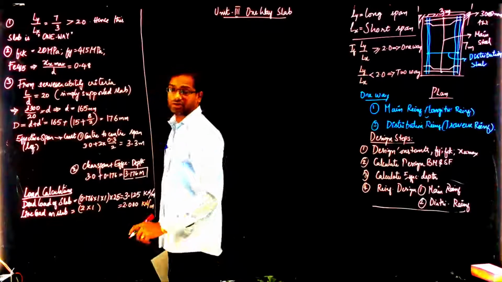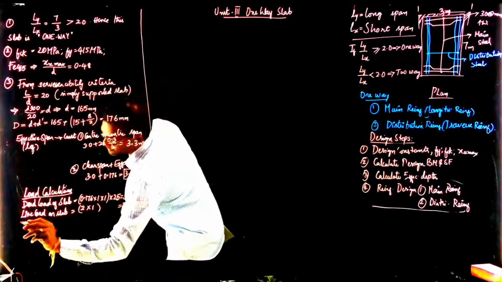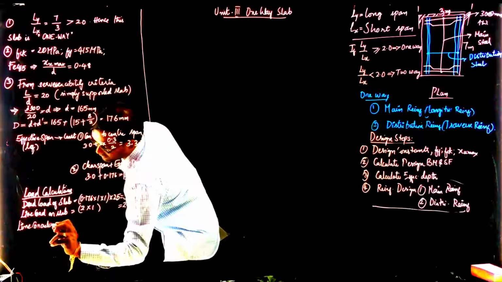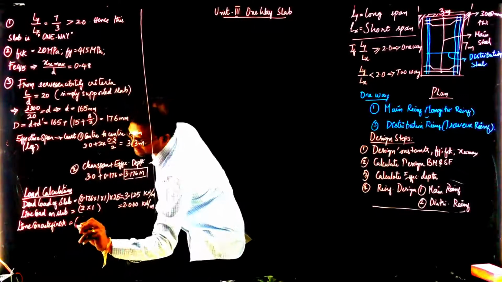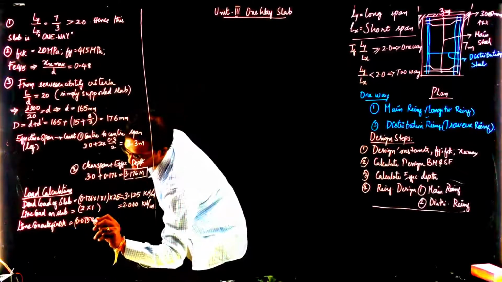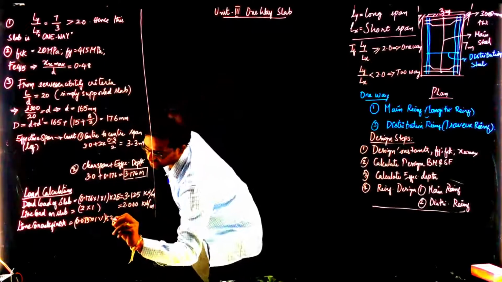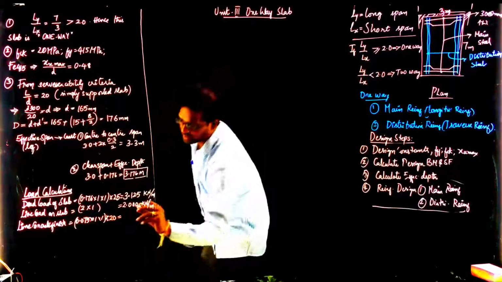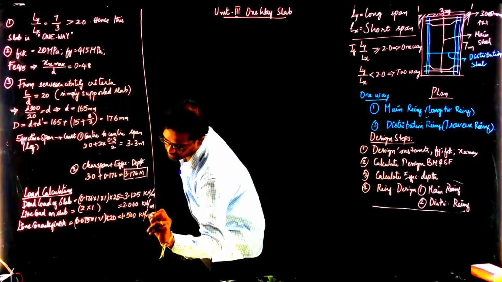Then we have the lime concrete finish, that is a thickness of 0.075 by 1, into density given as 20. Multiplied by 0.075, this will give you a value of 1.500 kilonewton per meter.